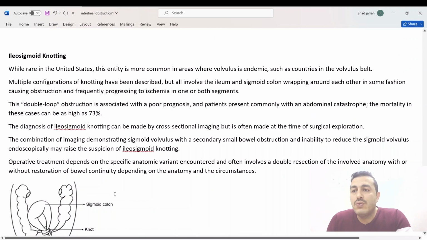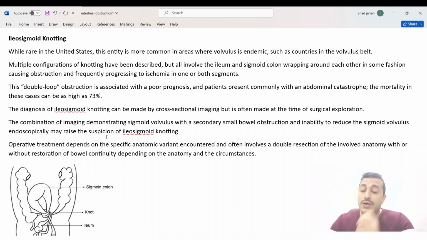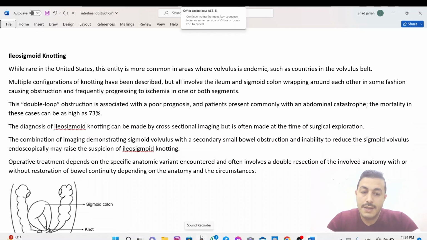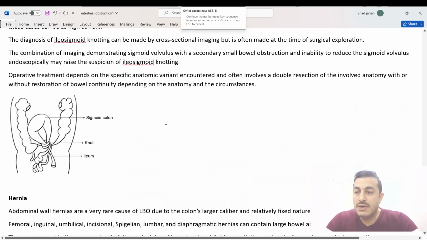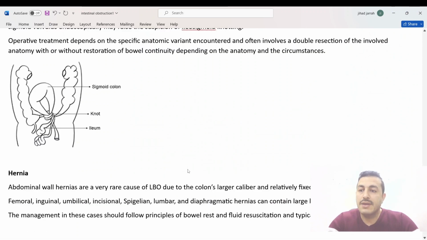I think you remember we said ileosigmoid knotting, and it's extremely simple. Ileosigmoid knotting is one of the causes of intestinal obstruction. To imagine what ileosigmoid knotting means, you can see this picture. It's actually wrapping the ileum around the sigmoid.